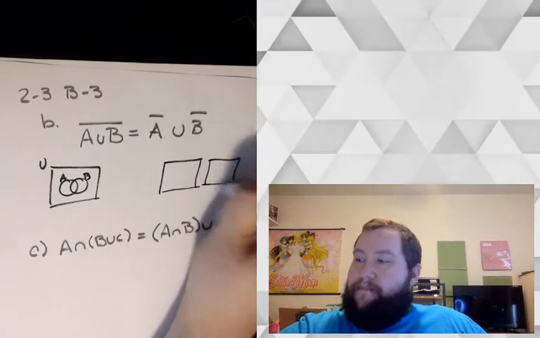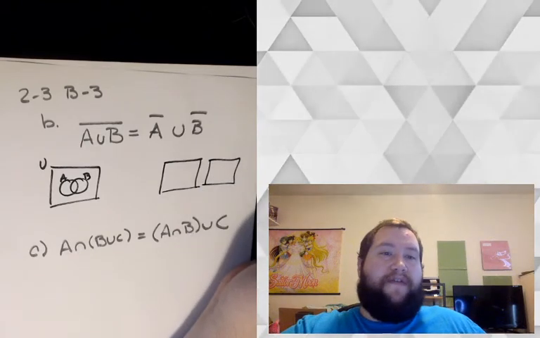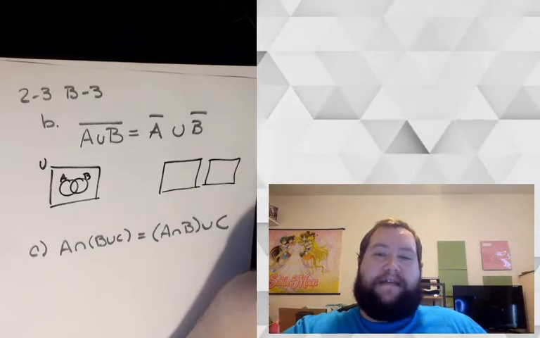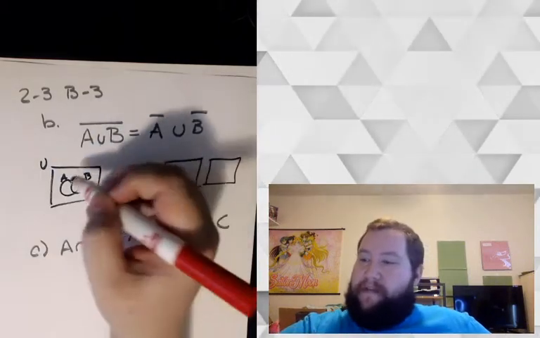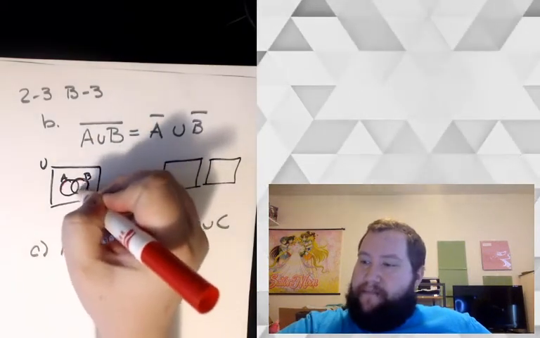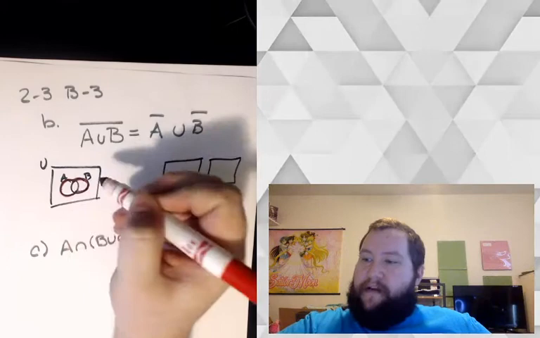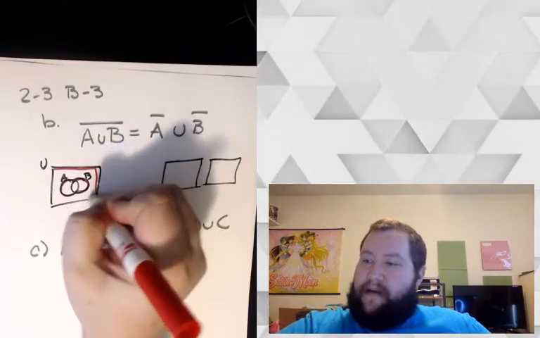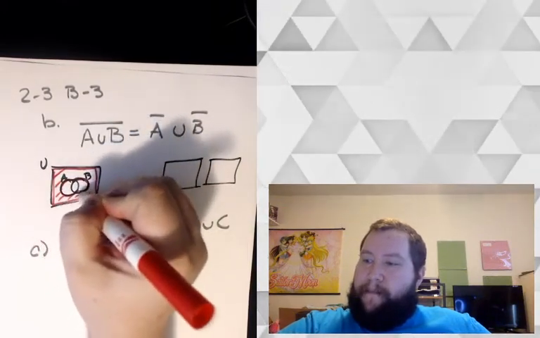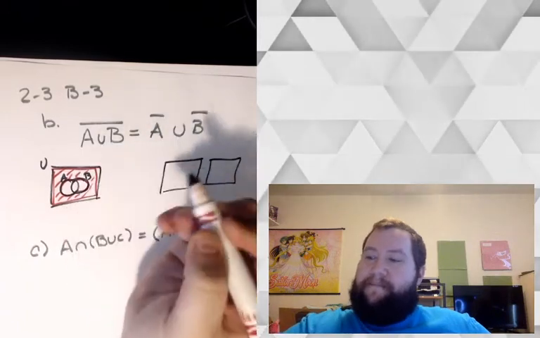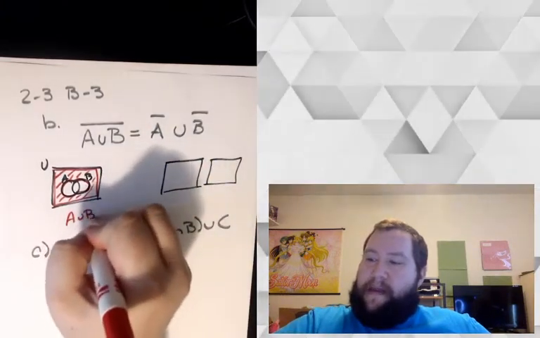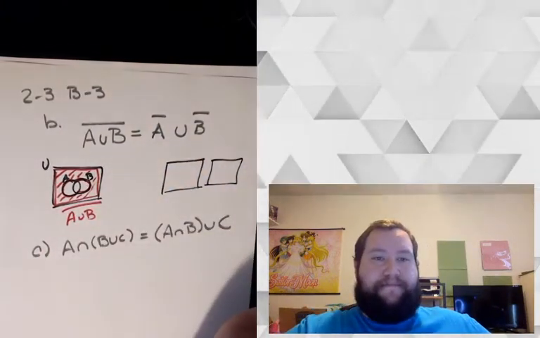Actually, I'll draw a couple. So for this first one, it says it's not in A or B. Well, this piece here, both rings together, is A or B. And if it's not in there, it's got to be out here. So it's that piece. So that's A or B, not. Not A or B.